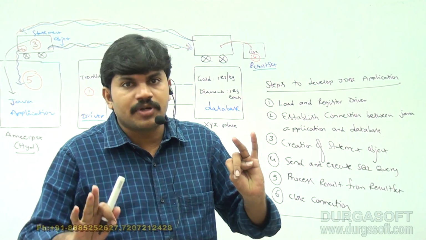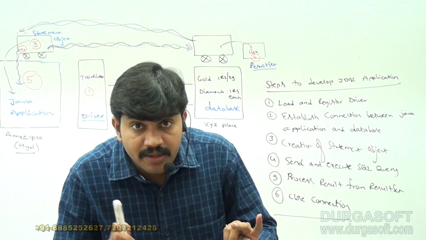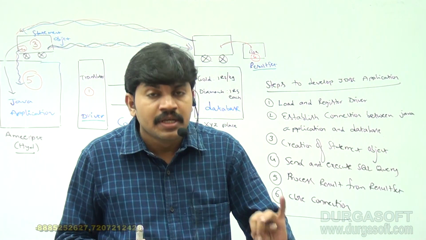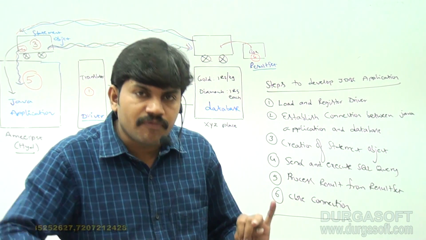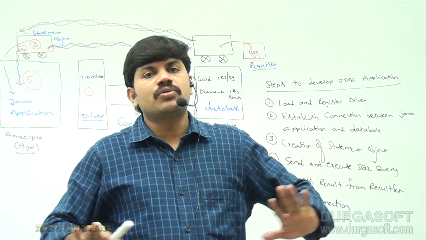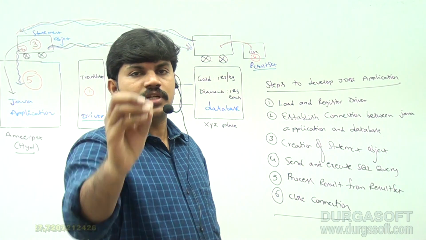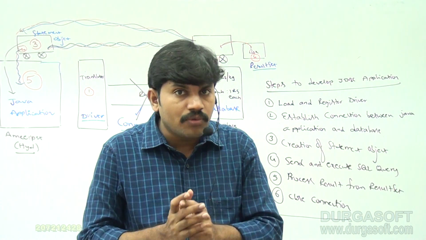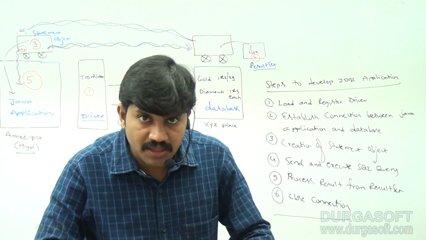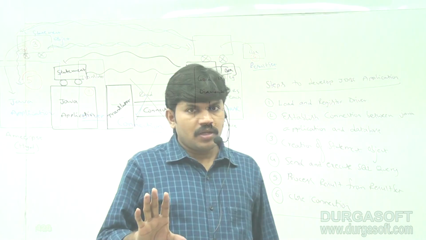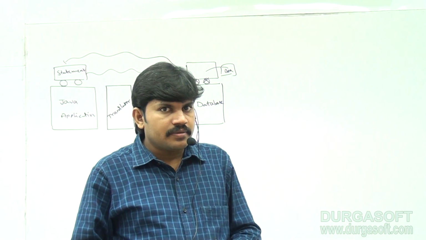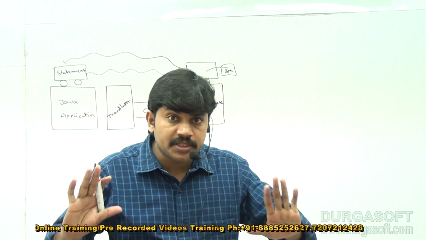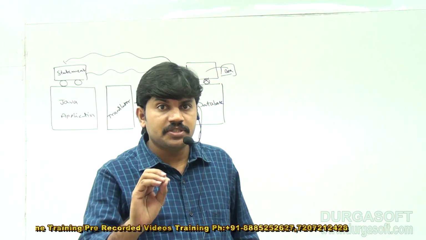Creation of statement object. The fourth one? Send and execute SQL query. Next, process result from result set. Next, close the connection. These are the 6 steps to develop a JDBC application. Clear, right? Up to this point it is very clear.